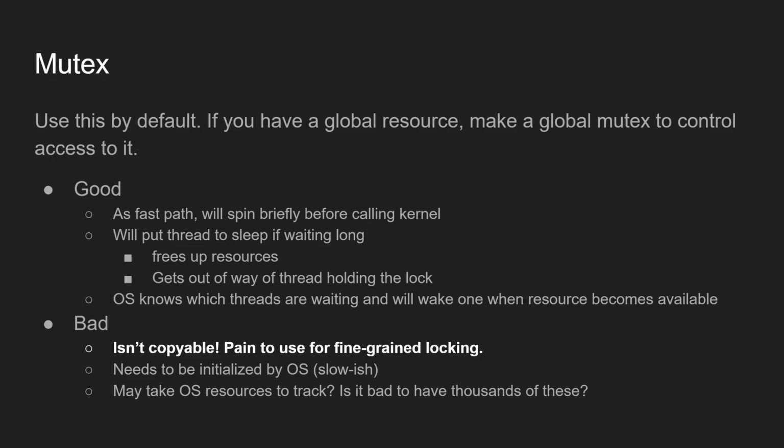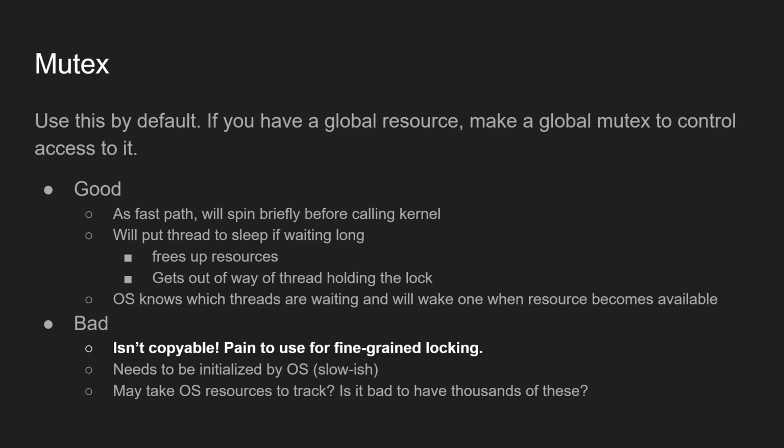As a fast path, most will spin briefly before they actually go to calling the kernel, so the fast path is actually fast. And because it's an operating system level lock, it will put a thread to sleep if it's waiting for too long. This allows other threads to run and frees up resources.